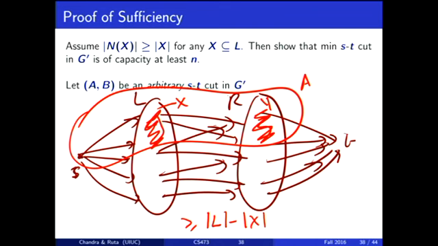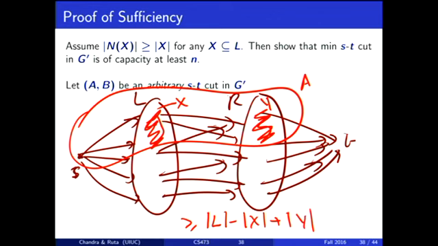L minus X plus what? Everybody from here to T, these guys, right? Plus Y. Plus what? Edges going from here to here. We don't know that, right?